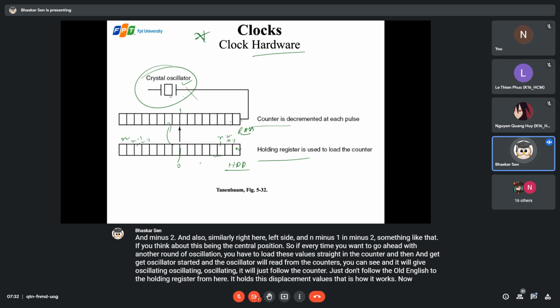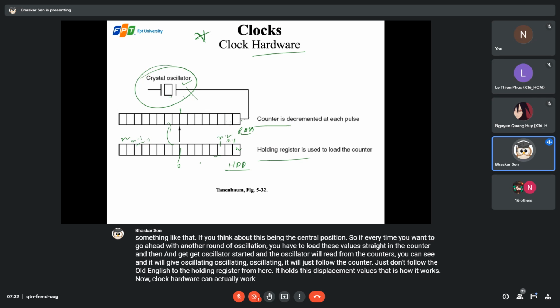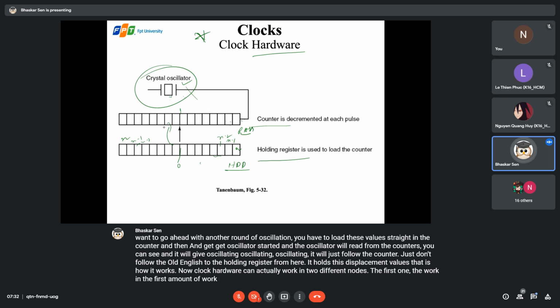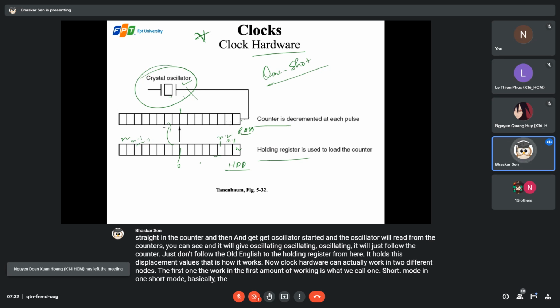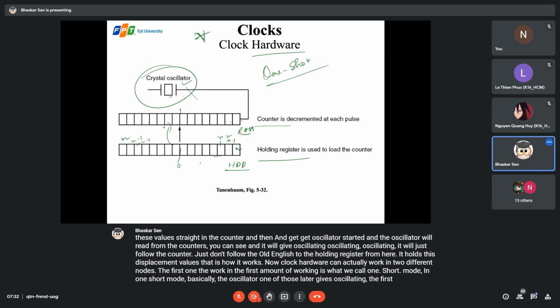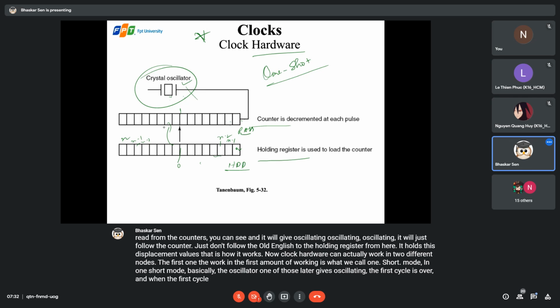Now, clock hardware can actually work in two different modes. The first mode is what we call one-shot mode. In one-shot mode, the oscillator keeps oscillating. When the first cycle is over, it generates an interrupt, and when it generates an interrupt, it stops.